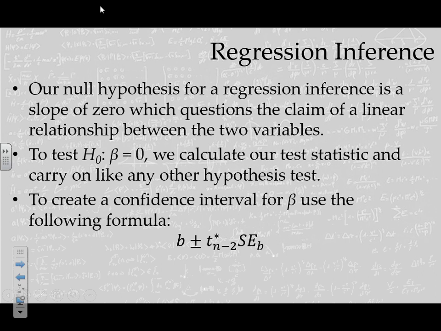So, confidence intervals. Confidence intervals are even easier. Now you still have to check the same conditions, but the formula for confidence intervals is exactly the same as the confidence intervals we dealt with for proportions and means. So we take our sample slope, that lowercase b, plus or minus our t star, that's our critical value, times the standard error for b.